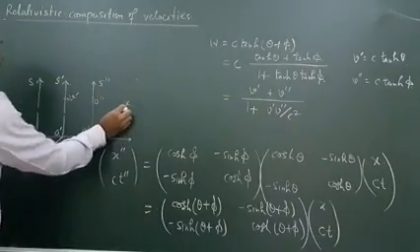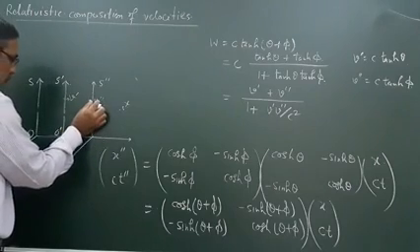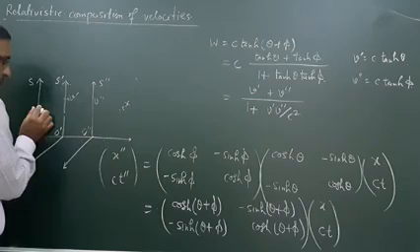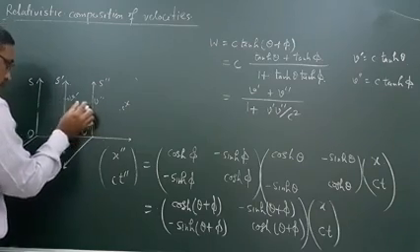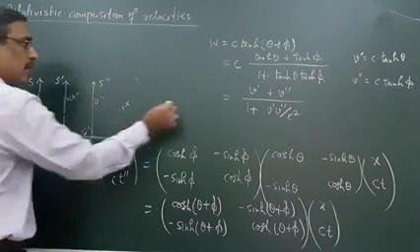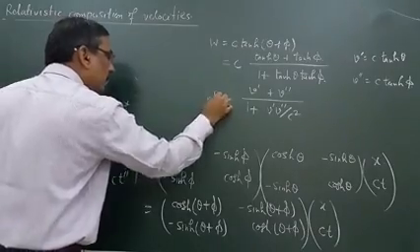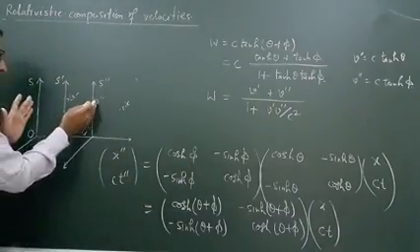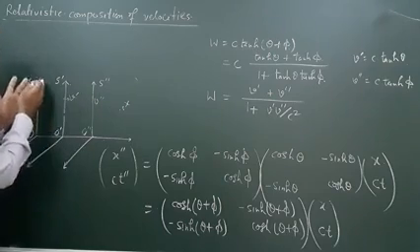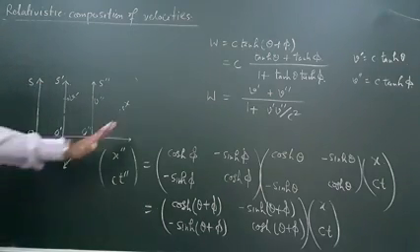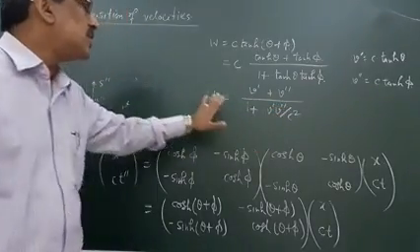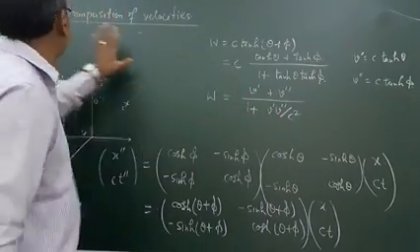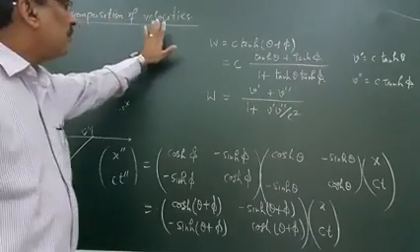This is the frame moving with respect to this one with velocity w. w is the relative velocity of this frame with respect to the first one, given by this. So this is the relativistic composition of velocities.